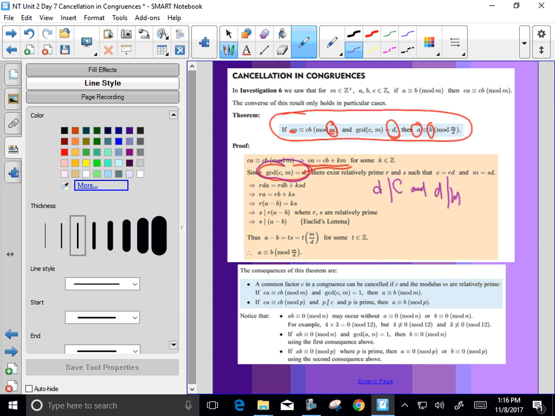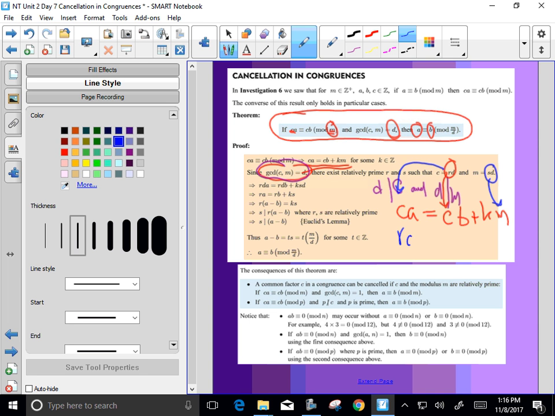So then you get this brand new expansion. Remember, CA is equal to CB plus KM. Since C is equal to RD and M is equal to SD, we put those in and get RDA equal to RDB plus KSD.